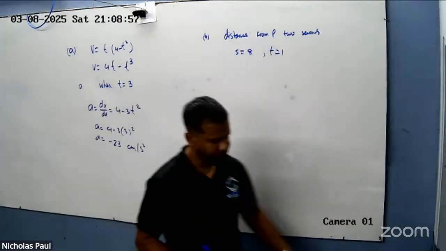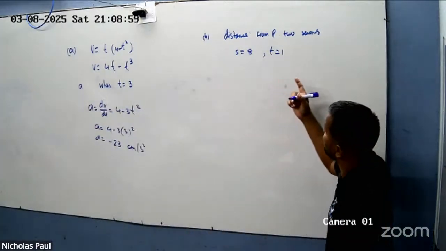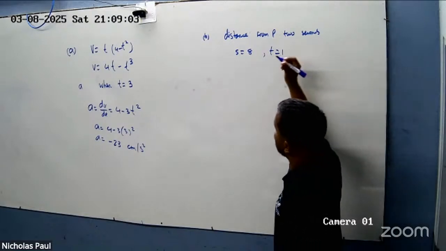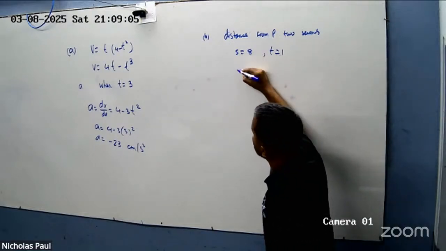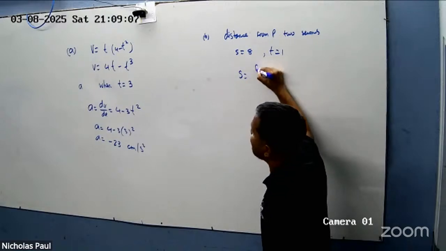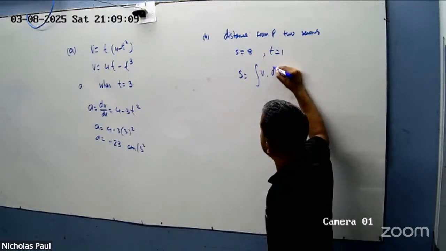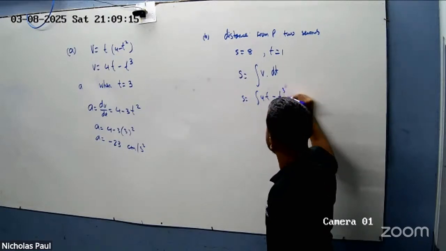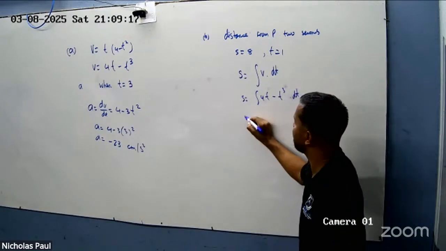Now, they want us to get the distance from P 2 seconds after passing, right? So to get S, we know we have to integrate V with respect to time. So we're going to integrate 4t minus t cubed with respect to t.